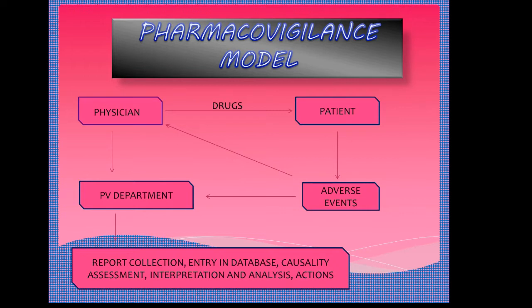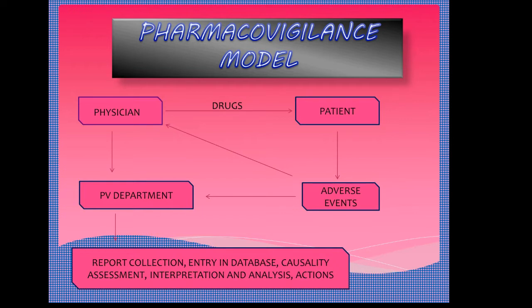If the probability exists, then the adverse event will be classified as an adverse drug reaction. If the probability does not exist after the causality assessment, then it will remain an adverse event only. After that, interpretation and analysis will be done, and preventive action will also be taken. The reports are reported to the regulatory authority, and some preventive actions need to be taken.